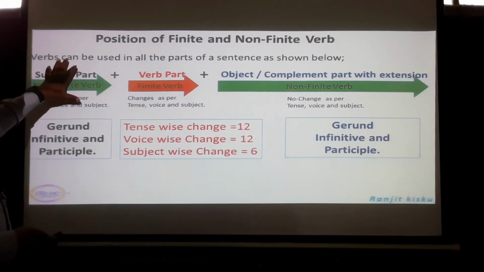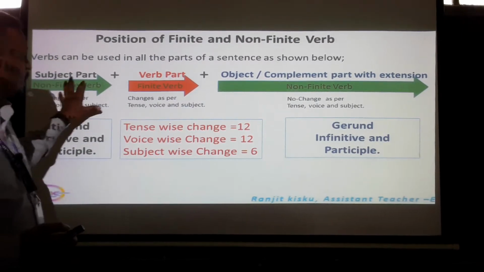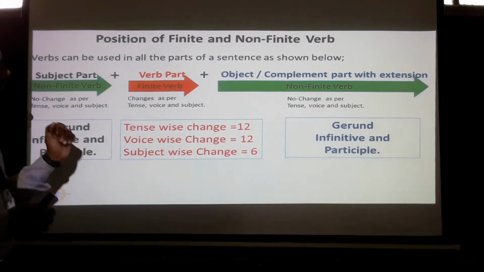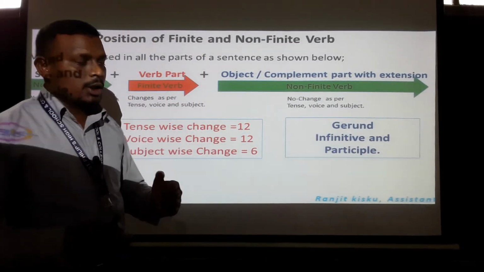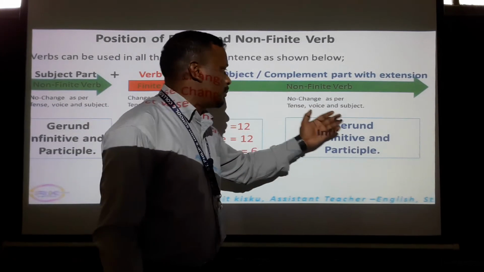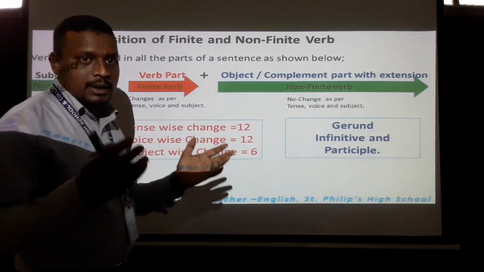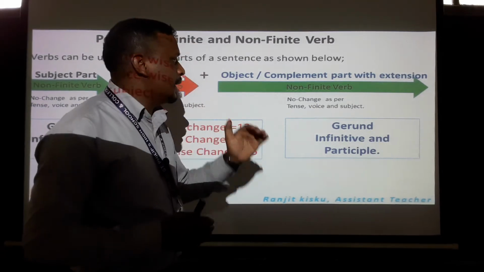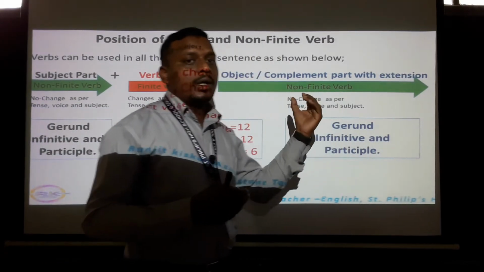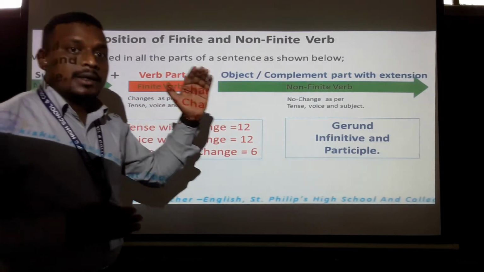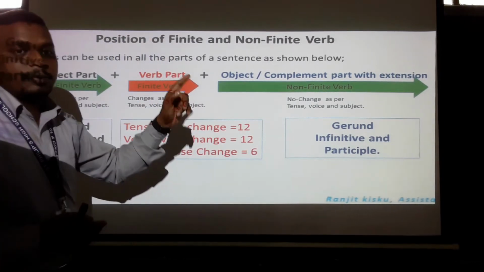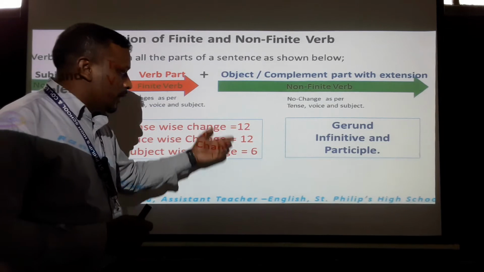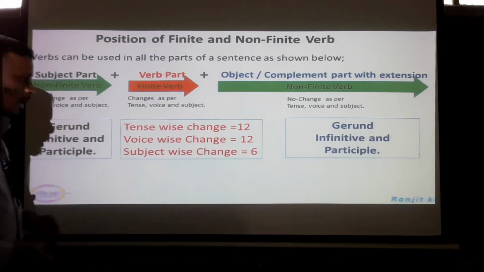Got it? And in the subject and object part, the non-finite verb can be changed into gerund, infinitive and participle. So, we got only 3 changes in the subject and object part. Got it? So, let's go ahead.